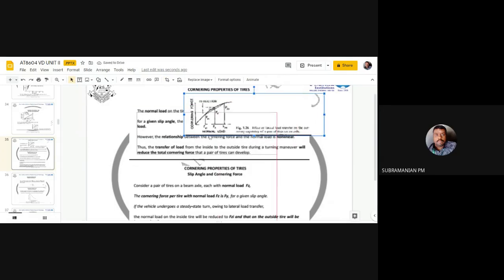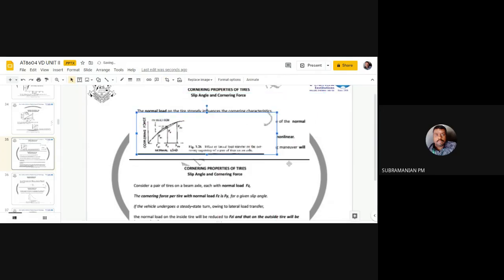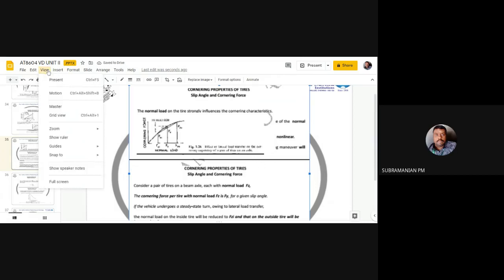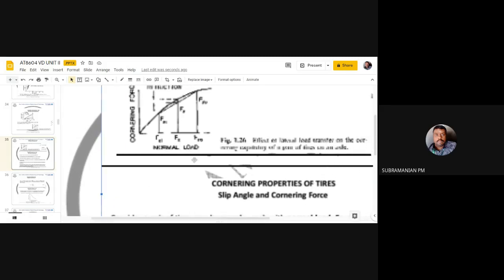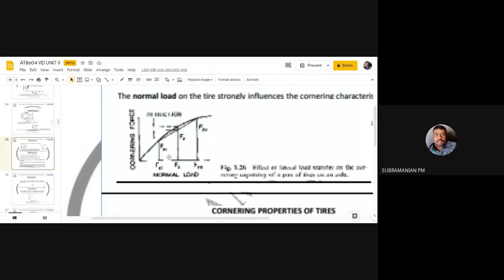Okay. Now you can see this curve. See this curve alone. What happens? He is measuring the cornering force.